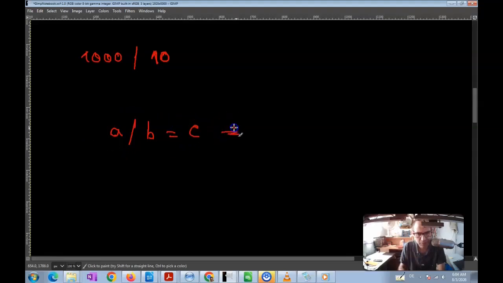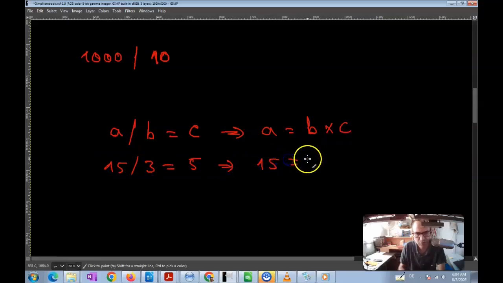Now this, of course, implies that A is equal to B times C. For example, if 15 divided by 3 is equal to 5, which implies that 15 is equal to 3 times 5. That's a rule, always applies.